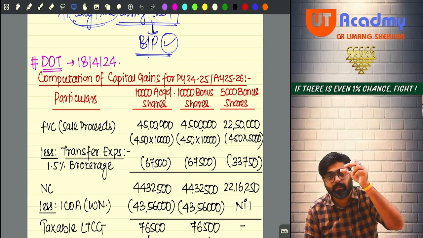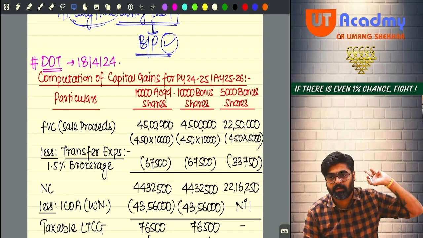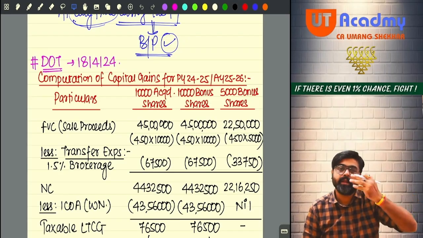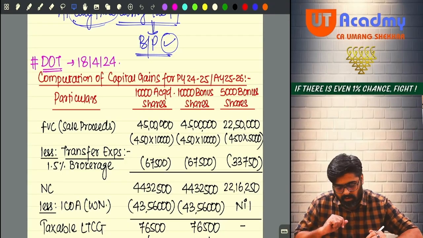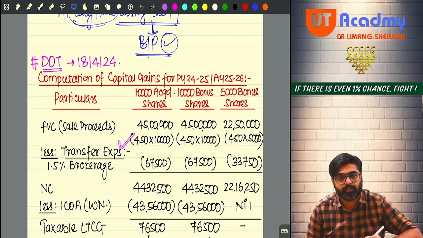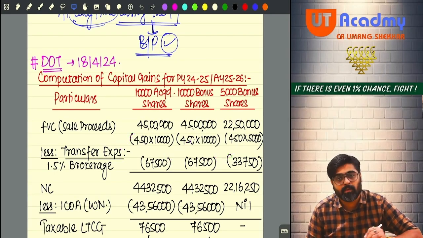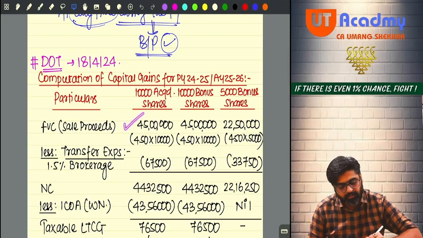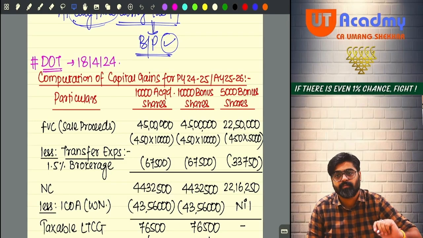If you show that in the bracket, you don't have to write down a note separately for that. Getting my point? So in this case, we are taking the sale price only. Sale price was 450 per share, multiplied by number of shares. So we are getting 45 lakhs and 22 lakh 50,000 as full value of consideration.